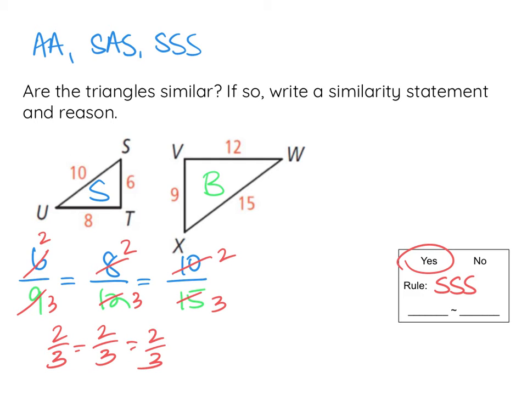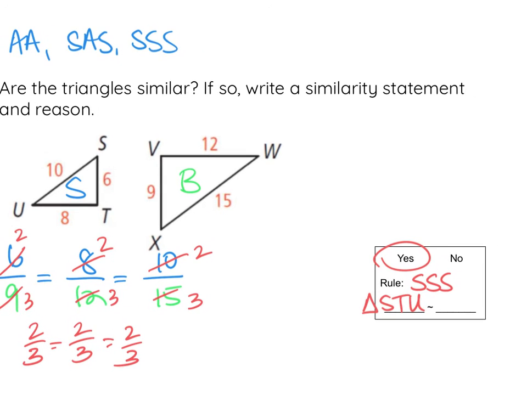And then my similarity statement, I'm going to say triangle STU is similar to, now, when I wrote this, I need to make sure things correspond, right? So I started at the smallest side and went to the middle side. So I started at S, and then I went to T, and then I went to U. So I'm going to do the same thing over here.